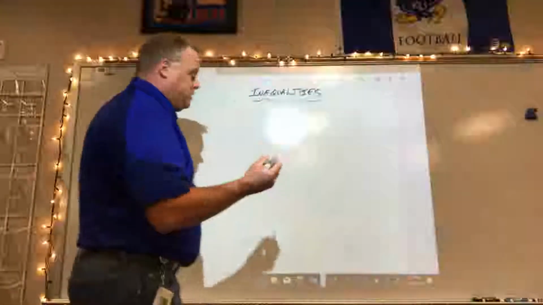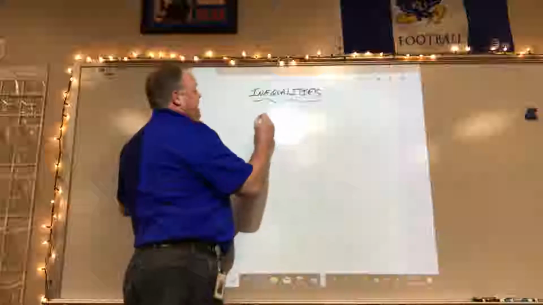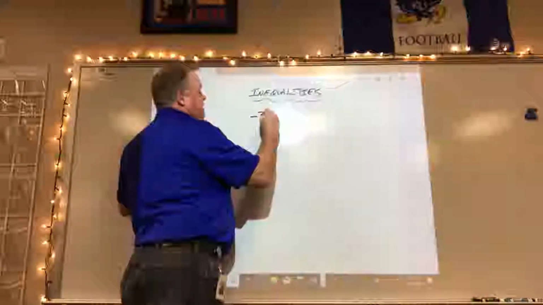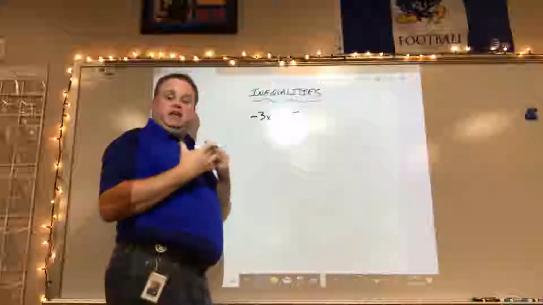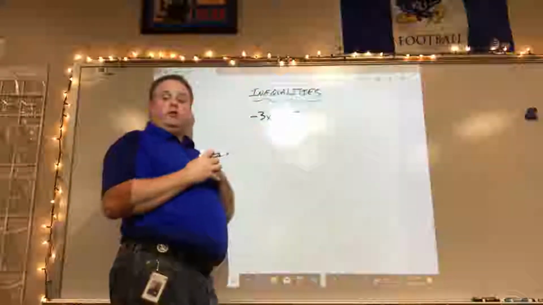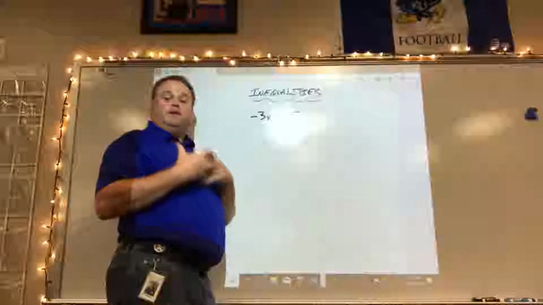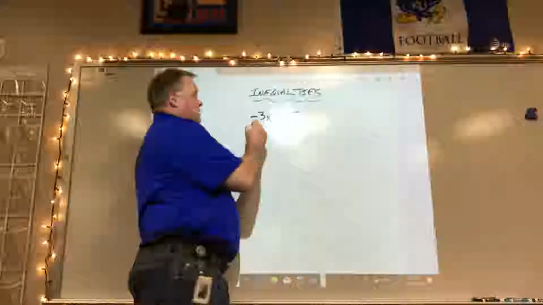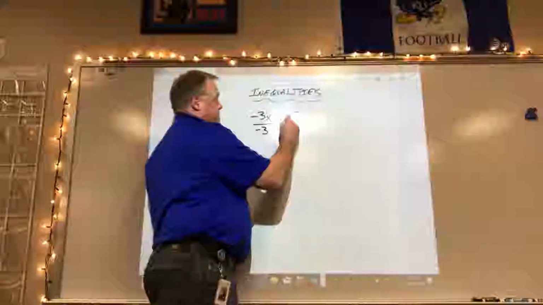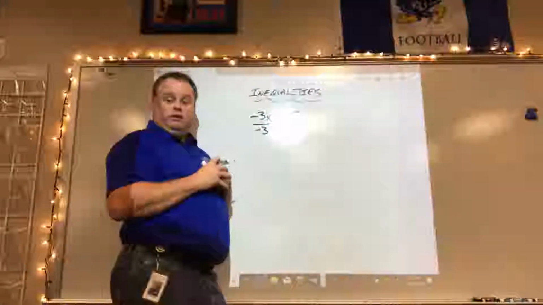And that is, if I have negative 3x is greater than 15. Well, this is an equal sign. If this is just an equation, then I know I would divide by negative 3. Well, inequalities are solved the same way. I am going to divide by negative 3 on both sides of the inequality.